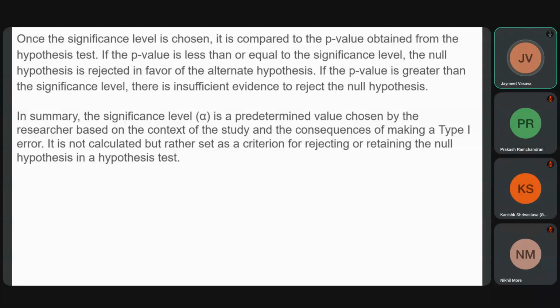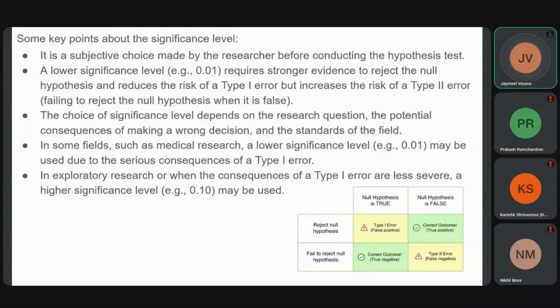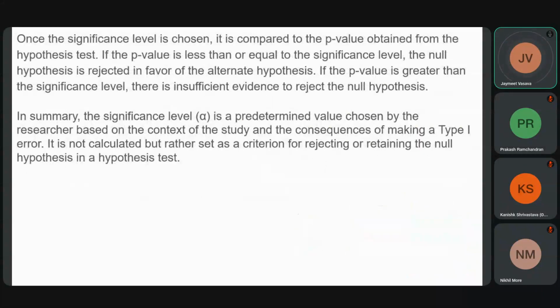So an alpha value of 0.05 or whatever it is, is not a calculated value but rather a conventionally accepted value.